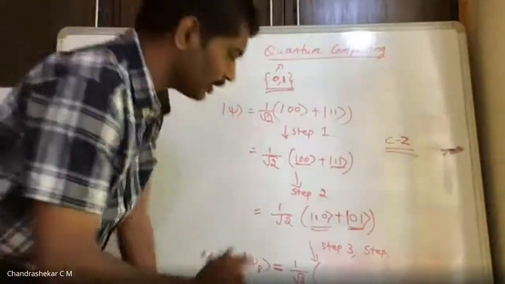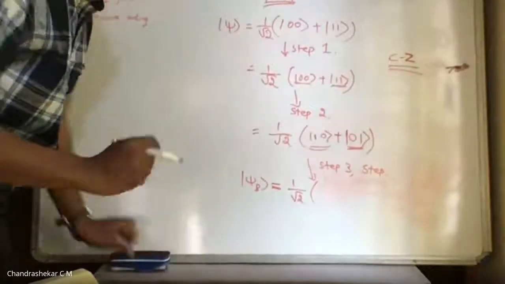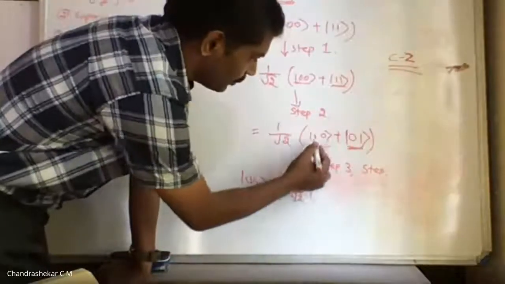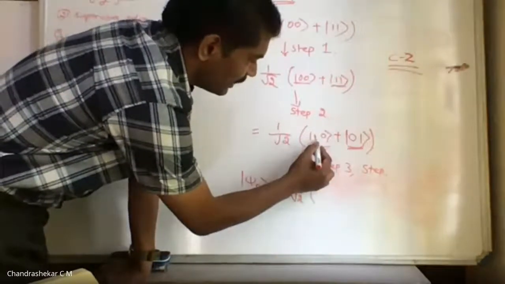What does the control NOT gate say? Sir, it is not visible. Okay, sorry. Okay, I will try. If my first qubit is 1.